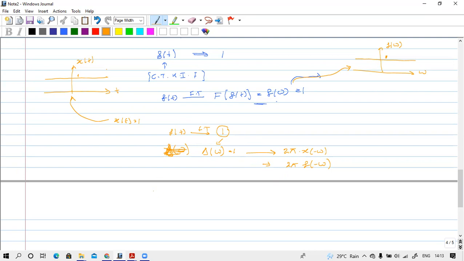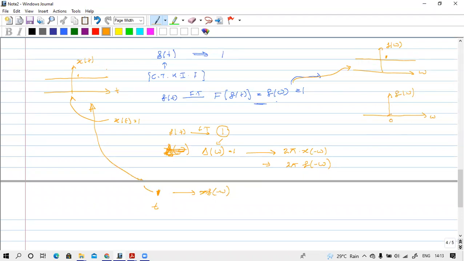So if you get the Fourier transform of 1, which is a signal in the time domain, you will get 2π delta(minus omega). You know that delta(omega) is at 0.